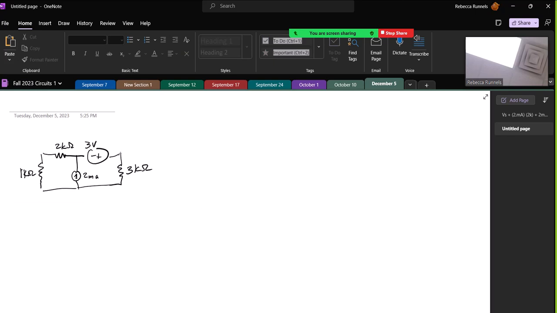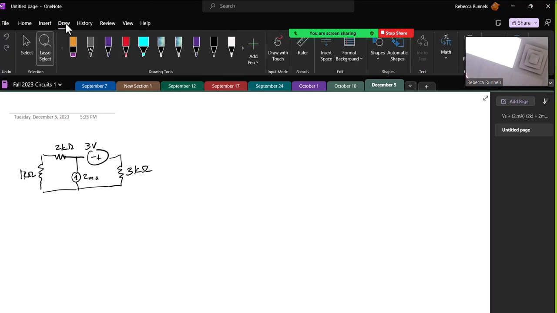And we need to find the power on this 3 kiloohm, power being drawn on that 3 kiloohm resistor.